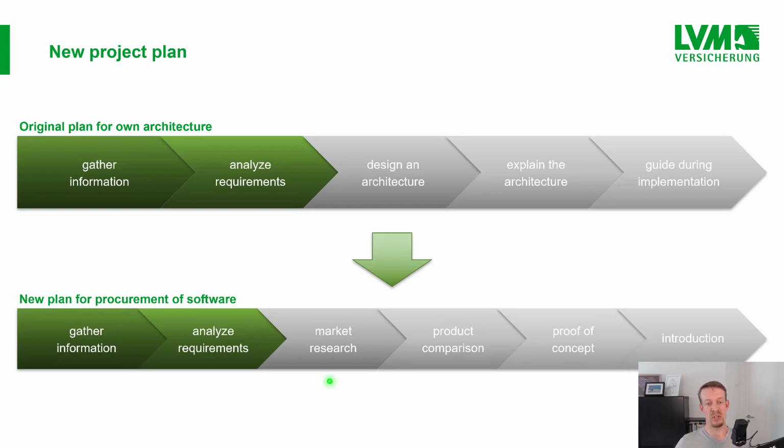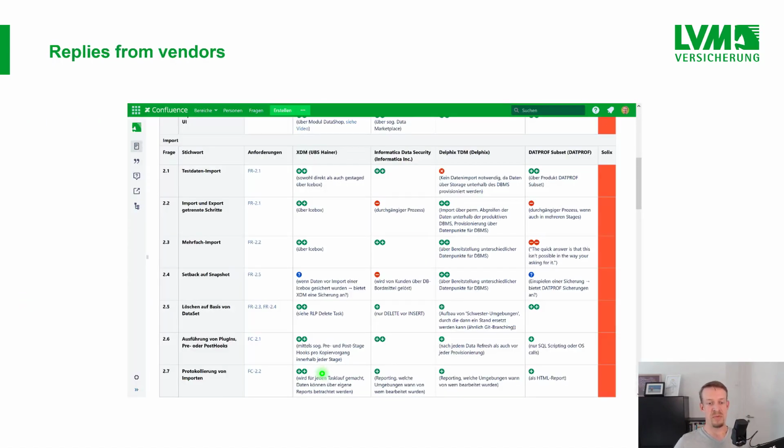So we first started with the market research. We designed a catalog of questions that we sent to several vendors that were the most promising ones at first glance. We collected the answers in a sheet with the goal of getting to a ranking of software vendors.